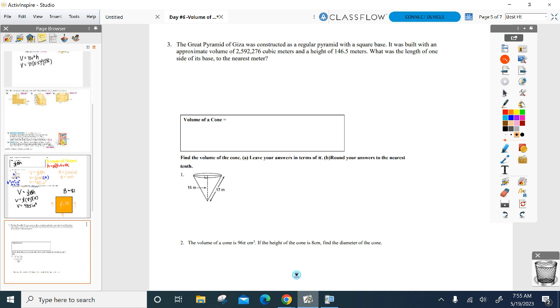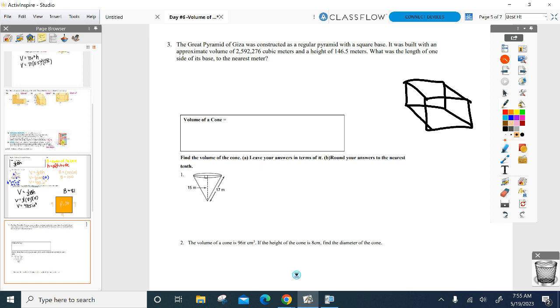Wow. How about that volume, kids, huh? Almost 2.6 million cubic meters. So basically, not that you care, but I do. I don't have one in class, but you've seen a meter stick before, maybe? It's pretty big, right? Pretty decent size.